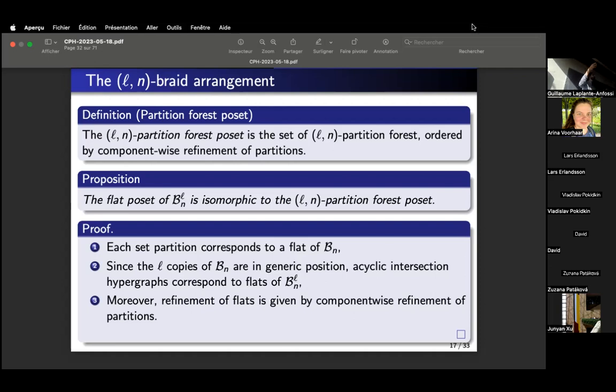Because whenever you have something that is not acyclic, you don't have a well-defined intersection. And the refinement of flats, at the level of the braid arrangement, is given by refining of partitions, and so this also holds for the different copies.